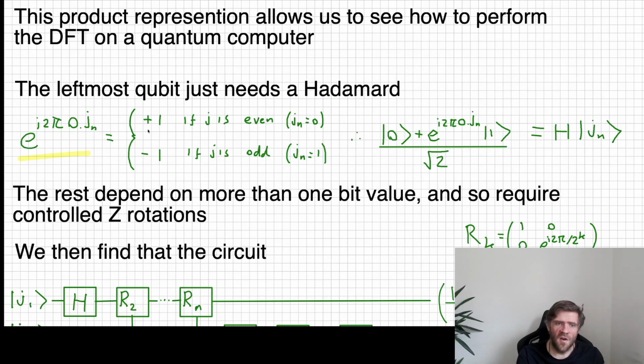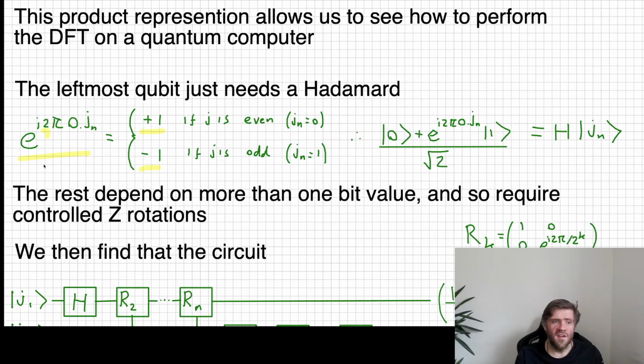And so this is going to be +1 or -1, depending on whether J is even or odd, because the 0.Jn is either going to be 0, because it's 0.0, or it's going to be 0.1, which in binary is half. And that half would then cancel the 2.